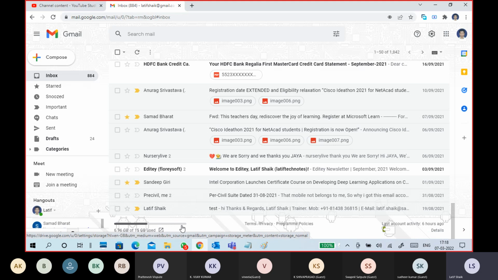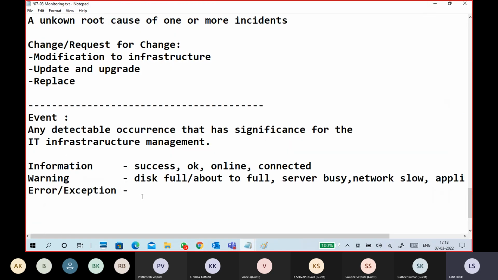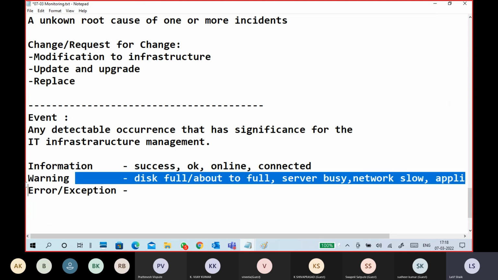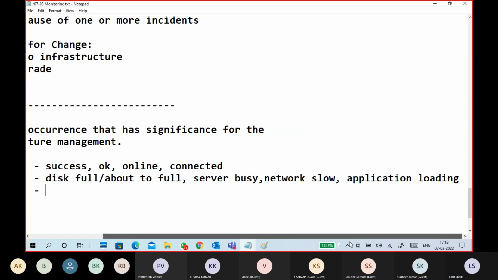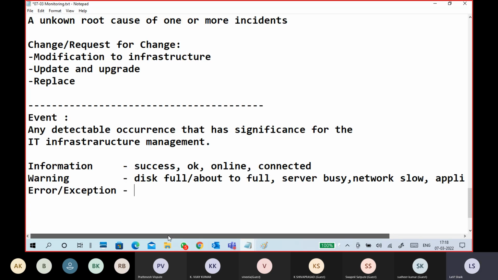For example, if I reach up to 14 GB, so what happened? 14 GB reached, disk full, right? So that is a warning. Or server busy, slow application loading. So be careful, server is slow. In a RAID, a single disk failure is also a warning.